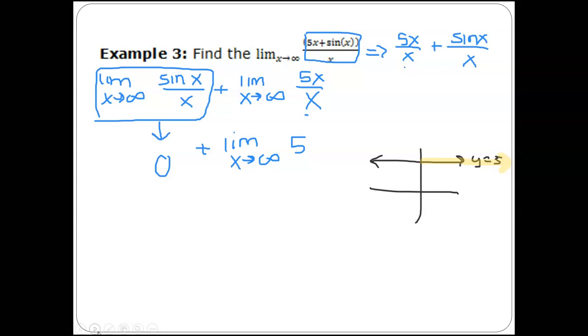As x is getting big, y is staying what? 5. As x is getting big or going to infinity, y doesn't change, it's 5. So this becomes 0 plus 5, or 5.